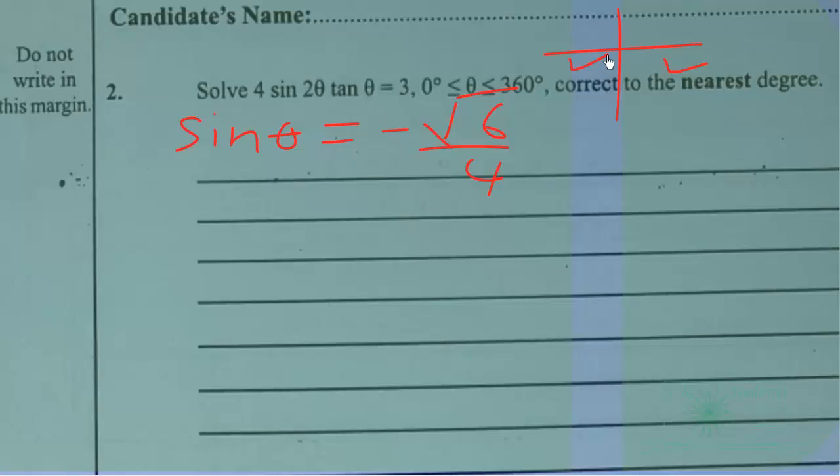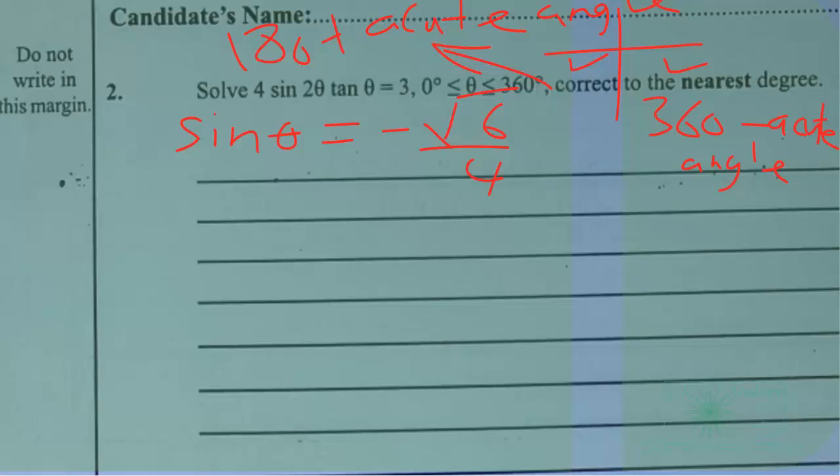In the fourth quadrant, it is 360 minus the acute angle, and the acute angle is the one that we found in the first quadrant. Then in the third quadrant, it is 180 plus the acute angle that we found in the first quadrant.